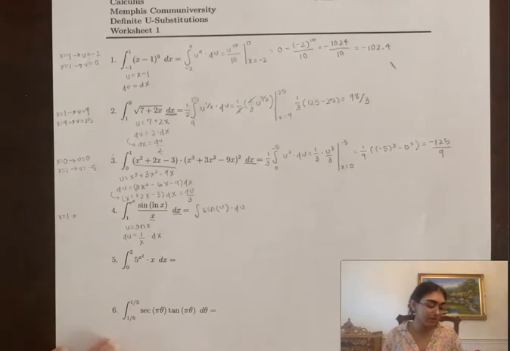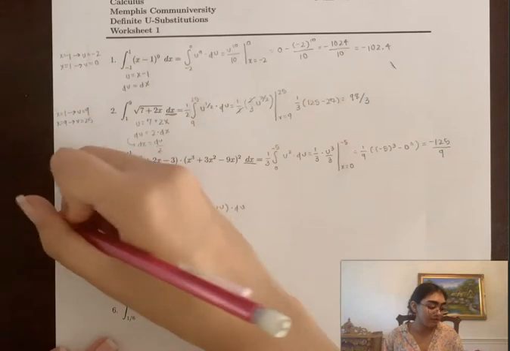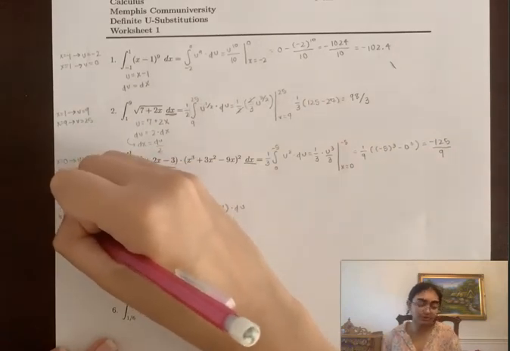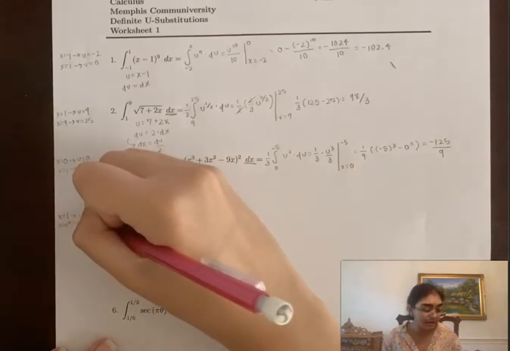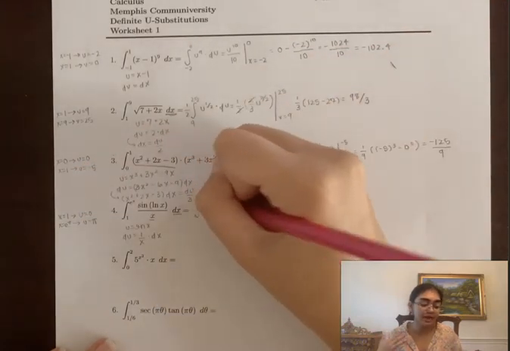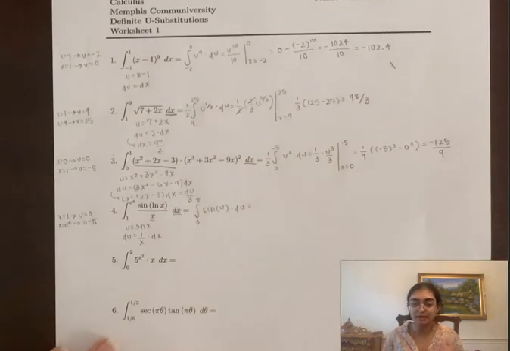So we're going to make x equals 1 into u equals 0, because if we plug in 1 to ln of x, we're going to get 0, because ln of 1 is equal to 0. And if we plug in e to the power of pi into ln of x, we're actually going to get pi, because ln of e to any power is equal to just that power. The ln and the e cancel out. So those are our new values on our integral.